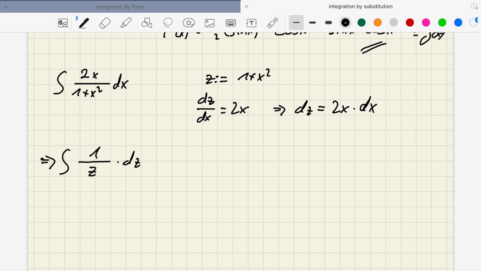Doesn't look too fancy, does it? So we can easily solve this. It's a logarithmus naturalis of z plus c. And now, again, back substitute.